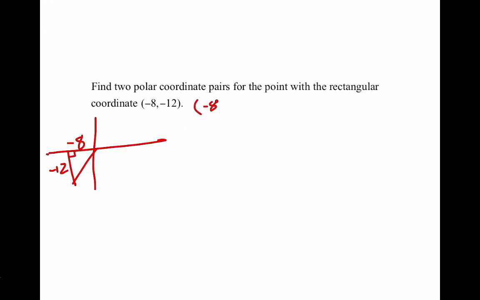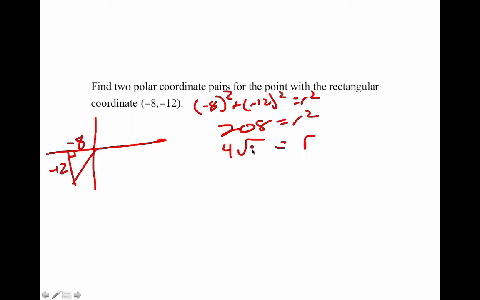So x squared plus y squared equals r squared. 208 is r squared. If you want it as an exact value, I think it's 16 times 13. Who knows that? But you can always just do the square root, depending on how they want it.